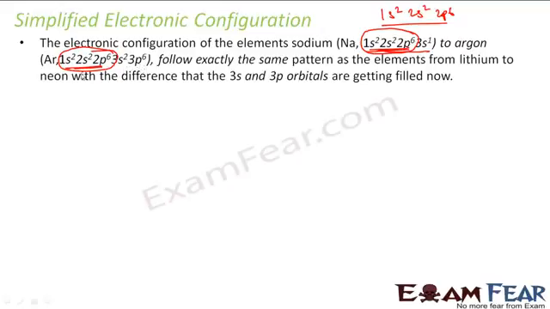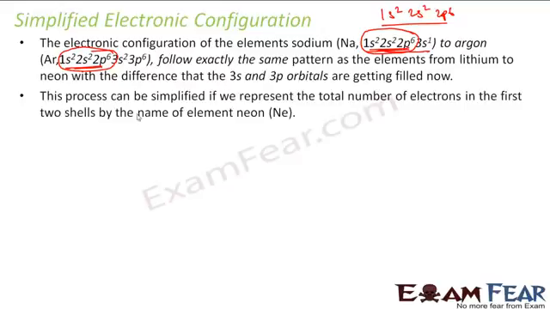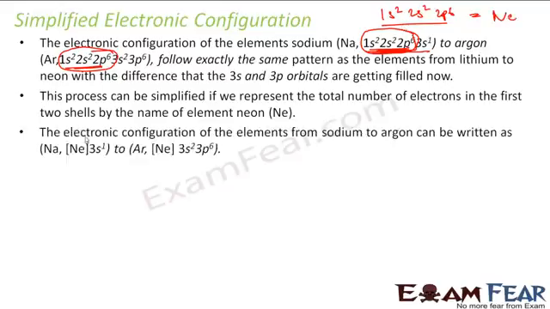So this is the pattern. So we can simplify this process. How? Instead of writing this big name, because this configuration corresponds to what? Neon, right? If you see 10 electrons, so we can write neon instead of this big 1s2, 2s2, 2p6.